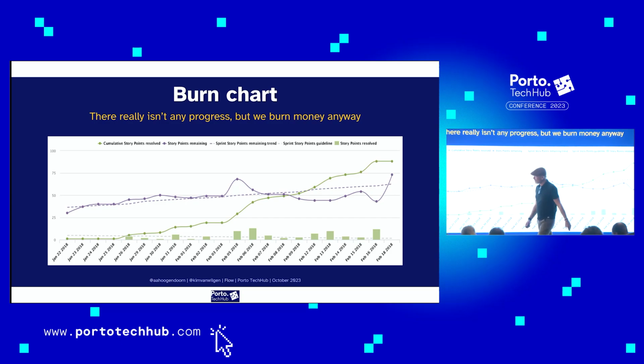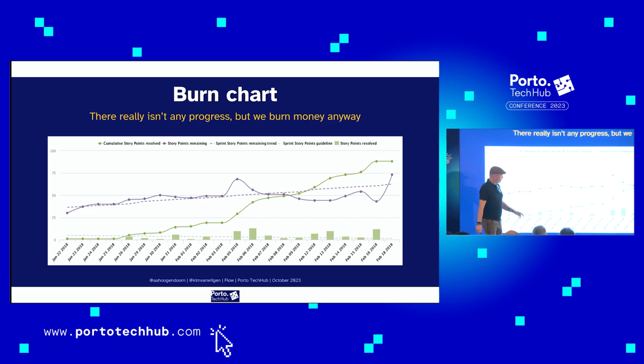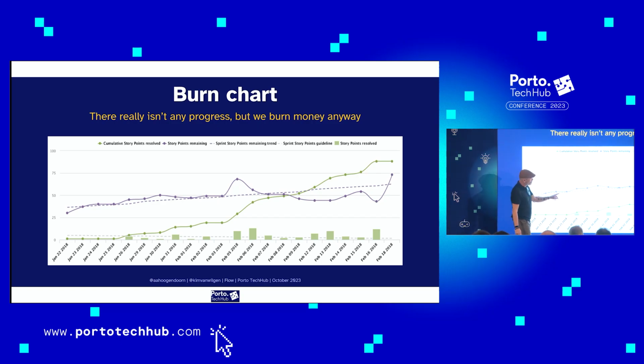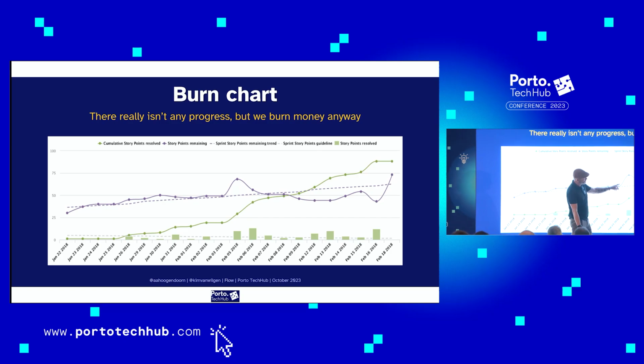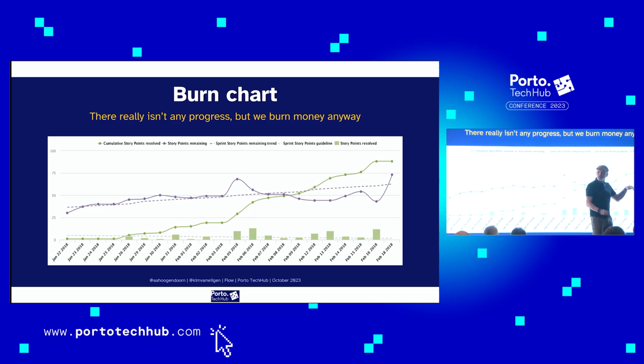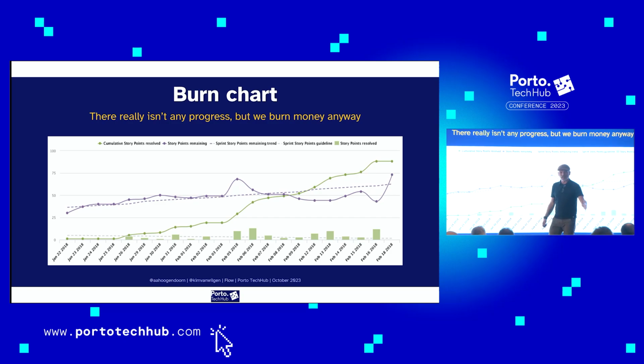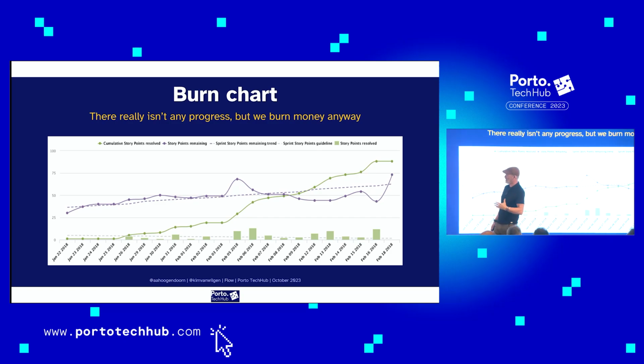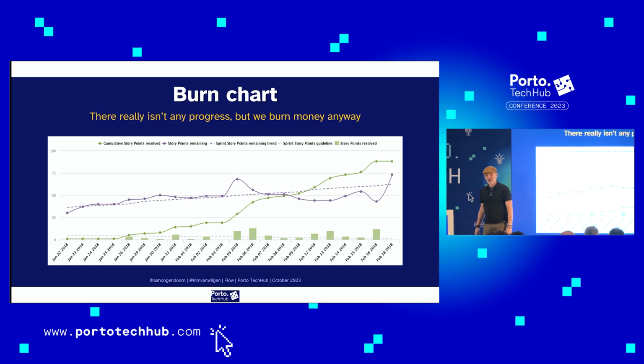But the problem was that while we did all the work, the rest of the company came up with even more work. So this is the points remaining. So we did a lot of points, but the amount of points remaining, so the ones that we still hadn't done, it kept on growing too. So we never got to the end of this project. We do spend a lot of money though, right? So that's why we call this a burn chart.